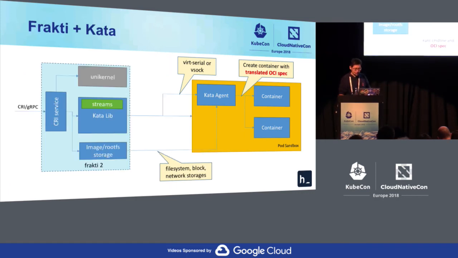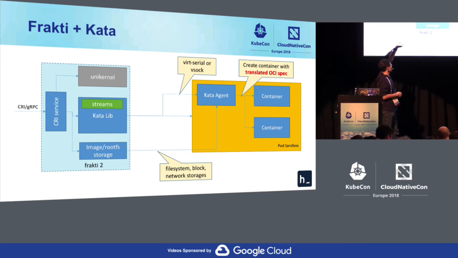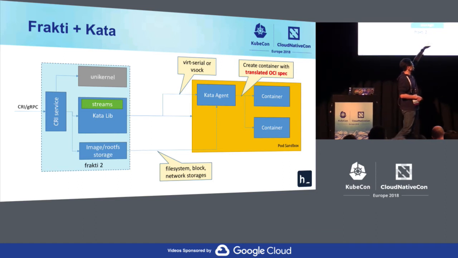And the other way is the Frakti way, where we use Kata as a library, so it is integrated in the Frakti process, and the streams will be implemented inside the Frakti process. So there won't be a shim here.